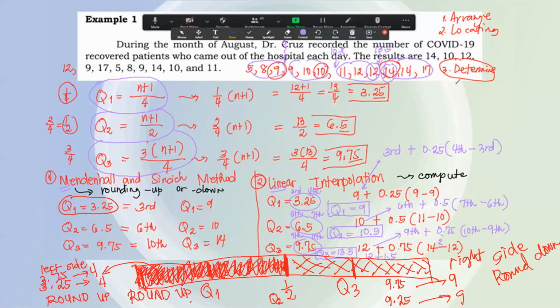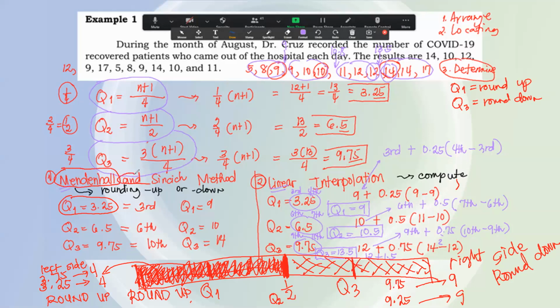So ano lang yung kailangan tandaan? Pag first quartile, round up. Pag third quartile, round down. Okay? So, pansinin ninyo, pag nandun na tayo sa decile, sa percentile, lahat ng nasa kalahati pababa, round up kapag Mendenhall.